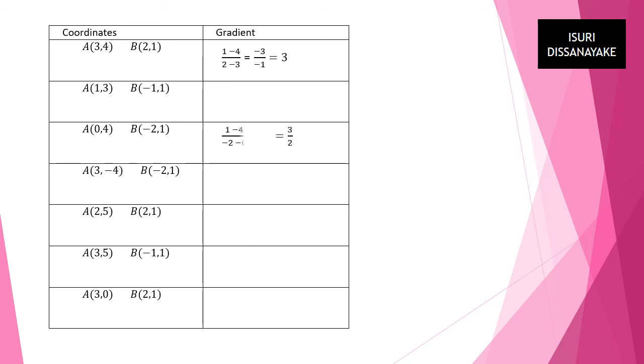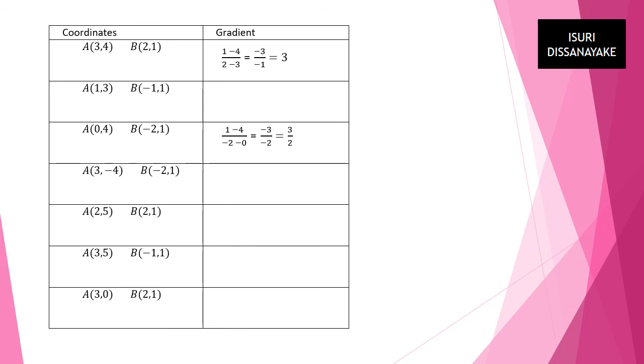Look at the next one that I will do. 1 minus 4, that is minus 3. Then we have minus 2 minus 0. So we have minus 3 divided by minus 2, which is equal to plus 3 over 2. You don't have to write this as a decimal.